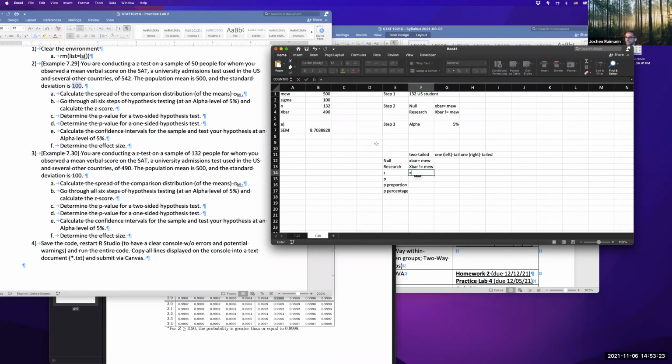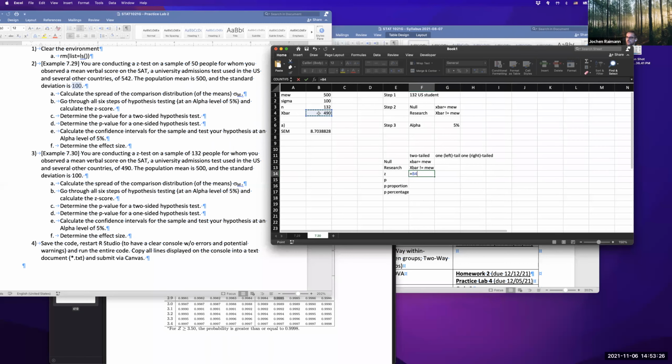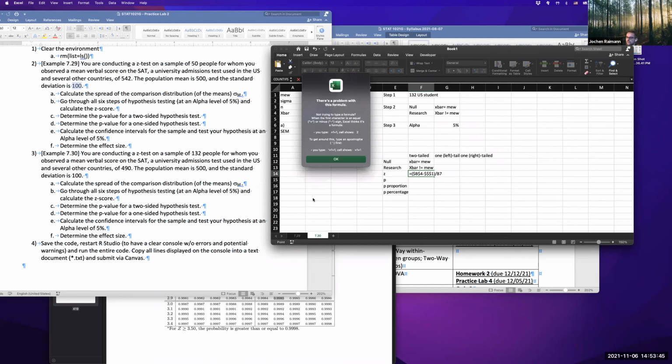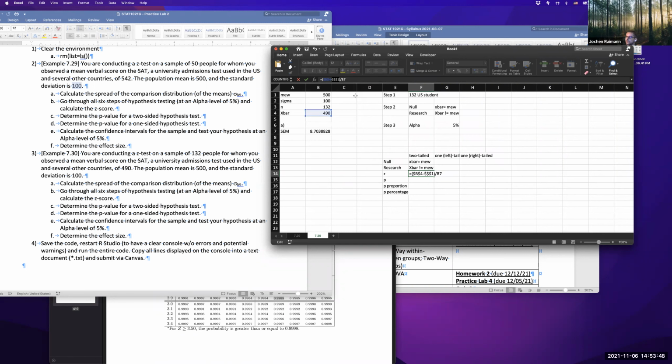Our set is x bar minus the mu in parentheses with dollar signs, otherwise you can't transfer it, divided by our standard error of the mean. Oops. What happened here? Not $2 cents. That's not good. $B$1. Okay, minus 115.